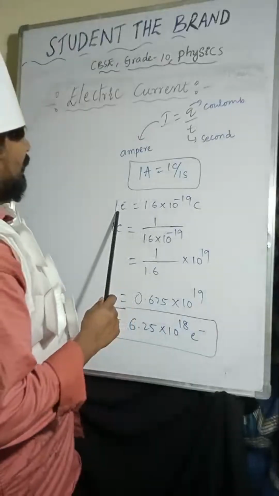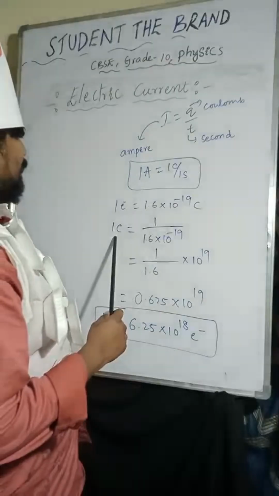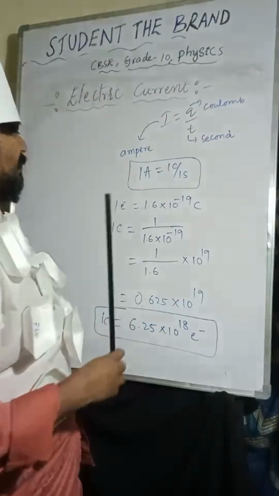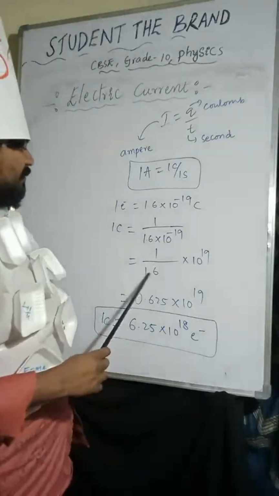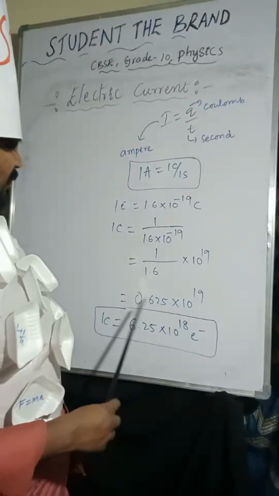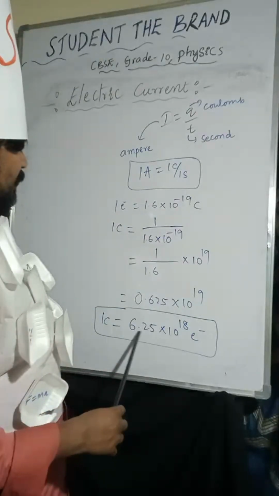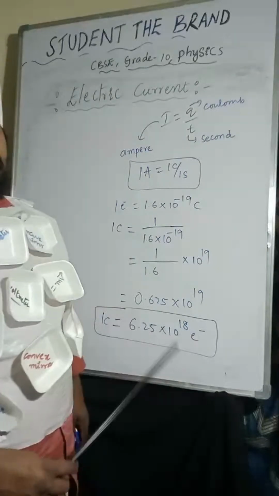On 1 electron there is 1.6 into 10 power minus 19 coulomb. So in 1 coulomb, 1 by 1.6 into 10 power minus 19, which is 0.625 into 10 power 19. So in 1 coulomb, 6.25 into 10 power 18 electrons are present.